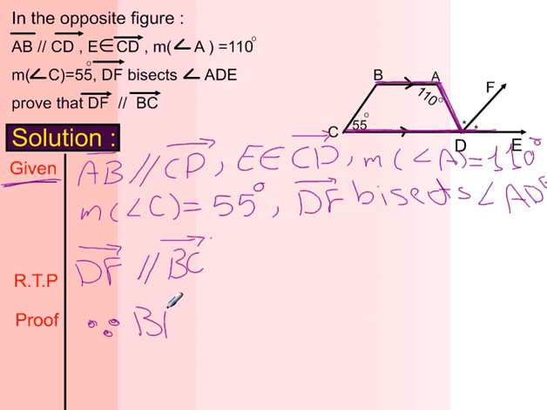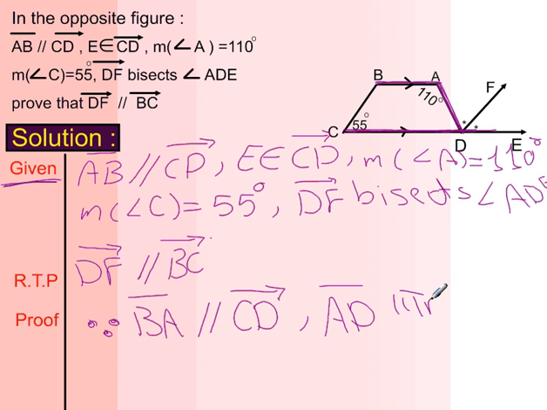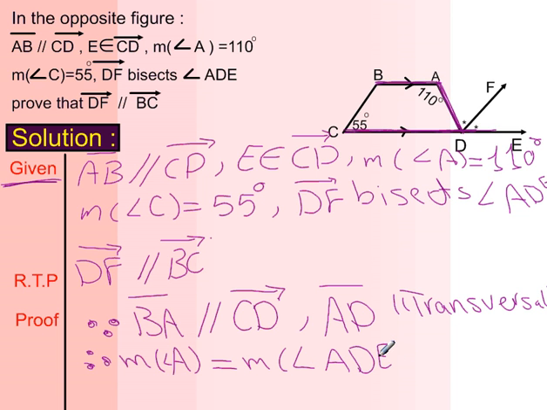Then we can say, since BA line segment is parallel to CD ray and AD line segment is called a transversal, then the measure of angle A equals the measure of angle ADE, which equals 110 degrees, because they are alternate angles.